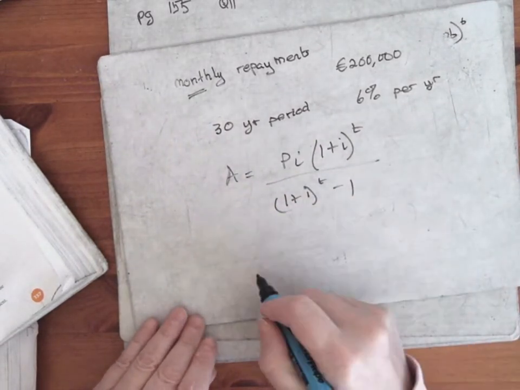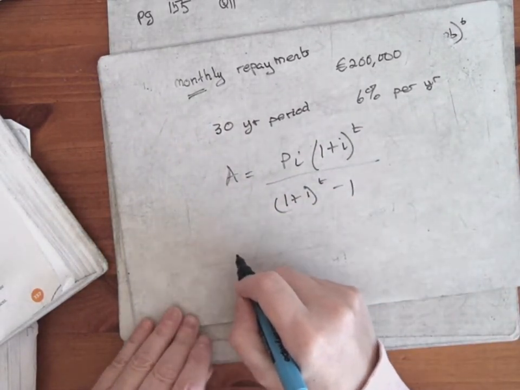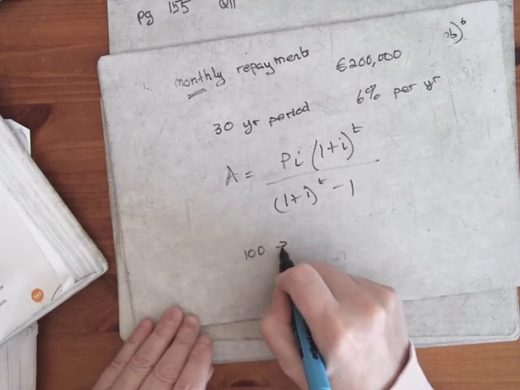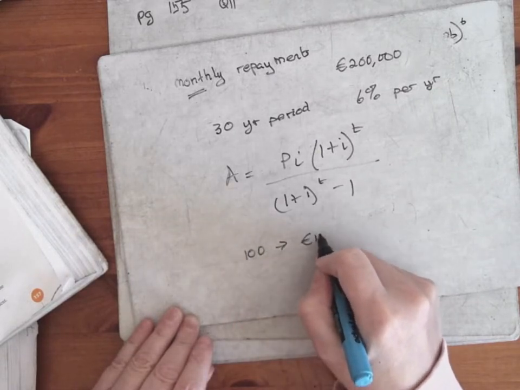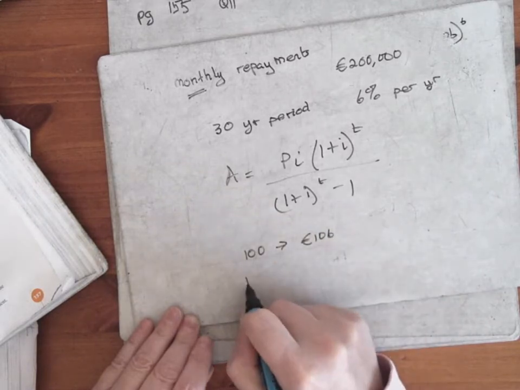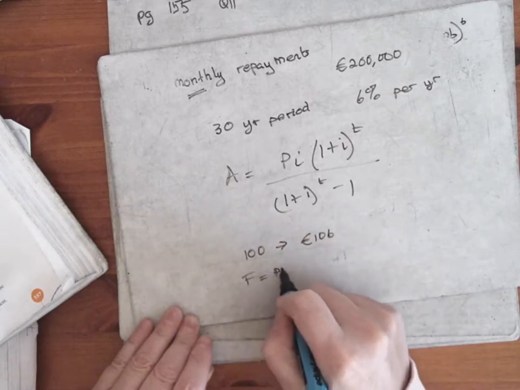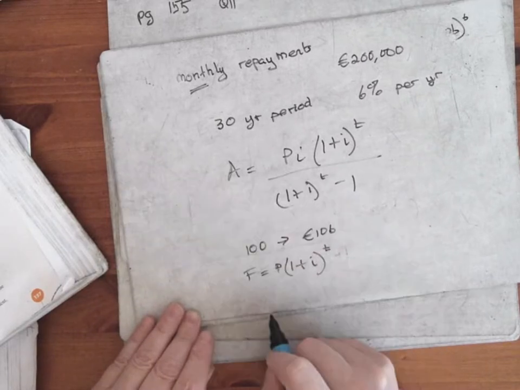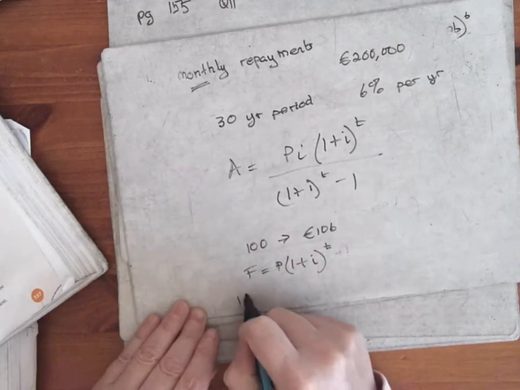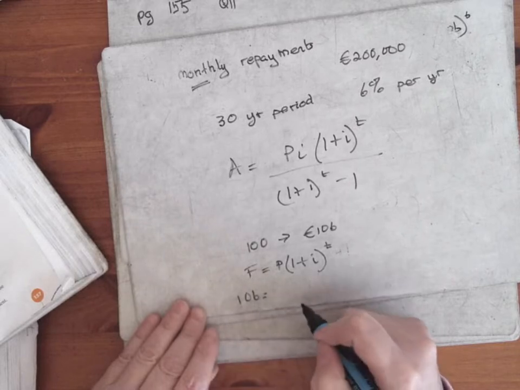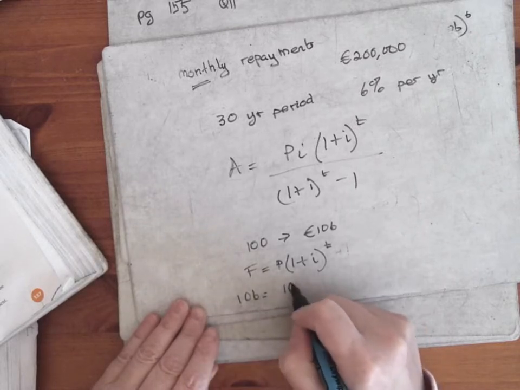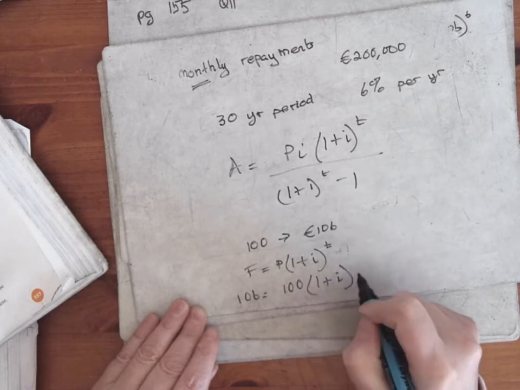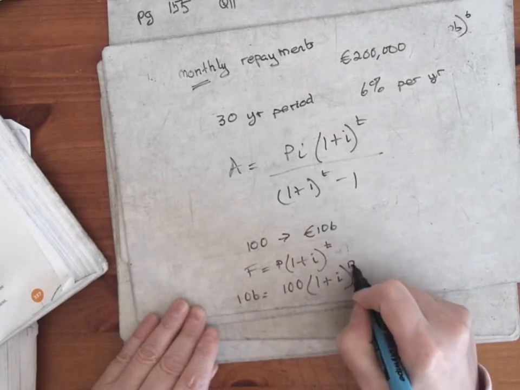Okay, so what I'll do is I'll change the interest rate first. If I were to get €100, after 1 year I would have €106. So the final value is equal to P times 1 plus i to the power of t. I had 106 euros after 1 year, I put in 100 euros. I'm looking for the monthly interest rate, which is i, and the time now is in months, to the power of 12.